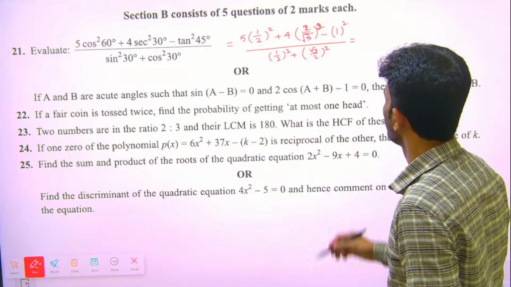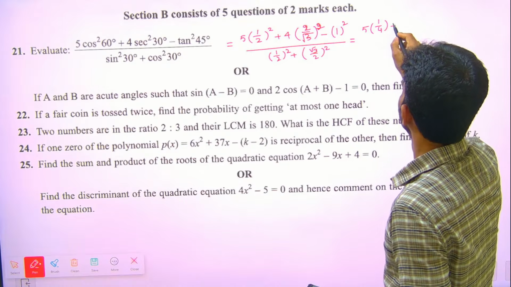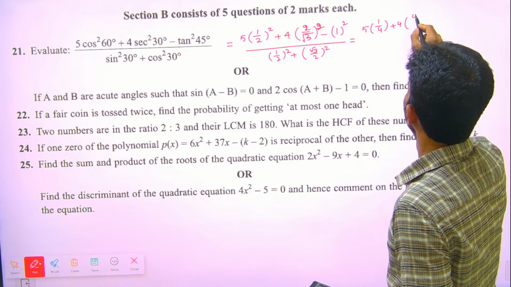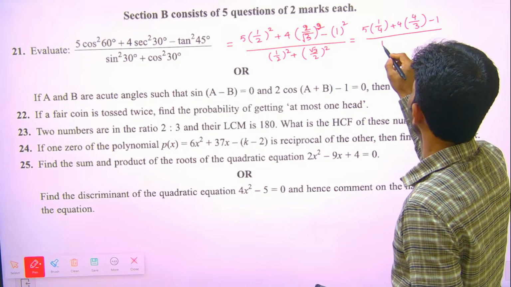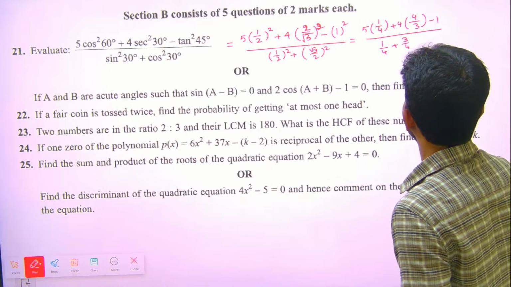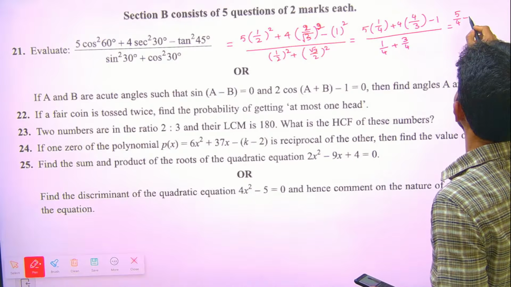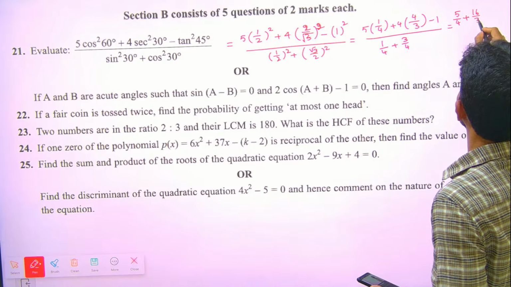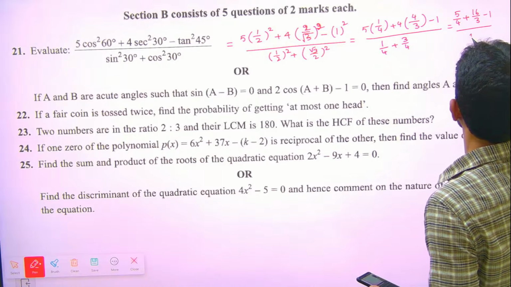So the final result is going to be like this: 5 into 1 by 4, plus 4 into 4 by 3, minus 1 by 1 by 4 plus 3 by 4. So that is going to be 5 by 4 plus 16 by 3 minus 1 by, this is 4 by 4, 1 anyway.